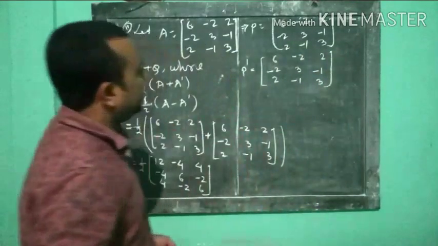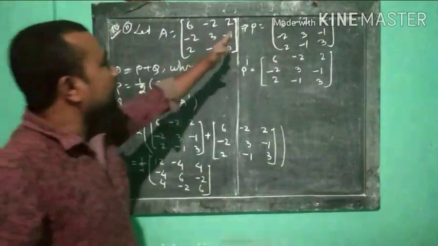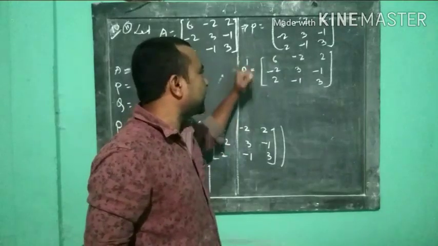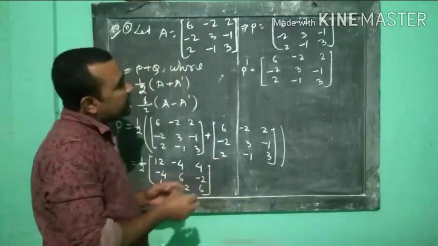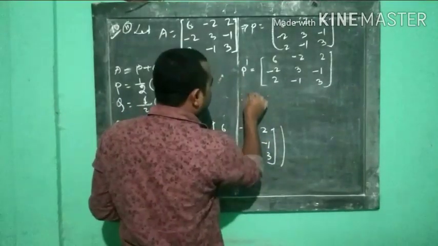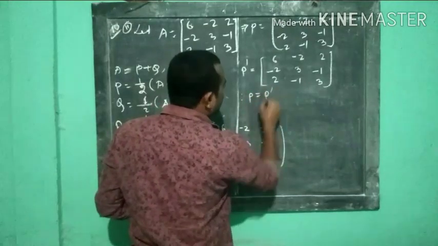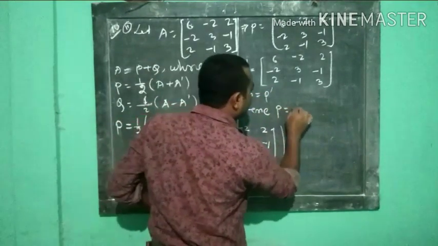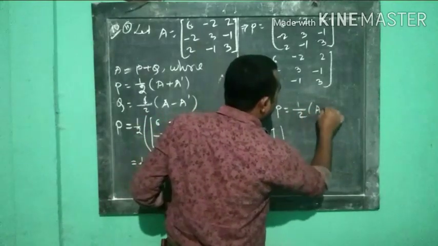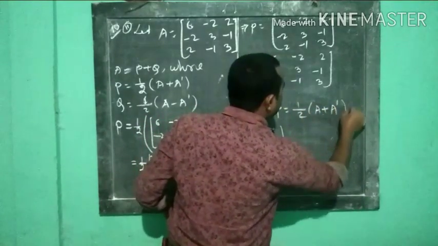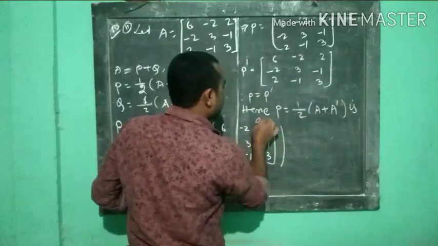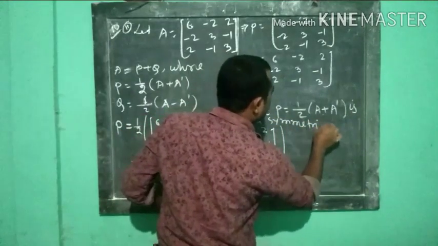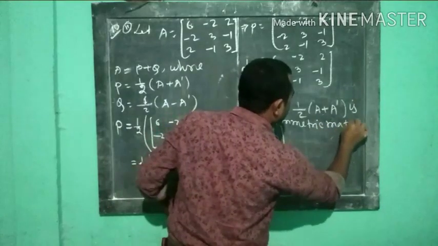From this, it is clearly seen that the elements of P and the elements of P transpose are all the same. So we can write P equals P transpose. Hence P equals half of A plus A transpose is a symmetric matrix.